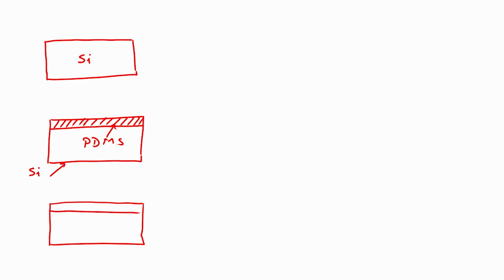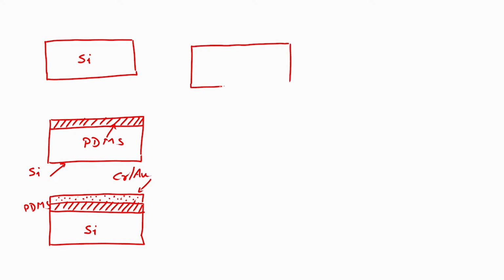Third step is to deposit chrome gold on PDMS. So, let us say we have now silicon, we have PDMS, and this one will be your chrome gold. Next step would be to pattern this chrome gold, isn't it?